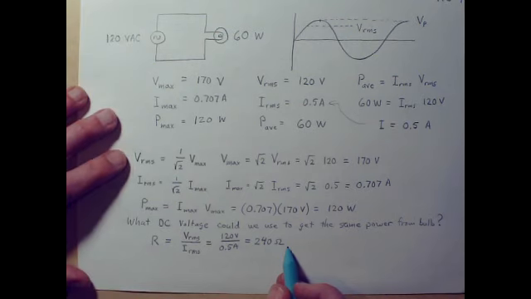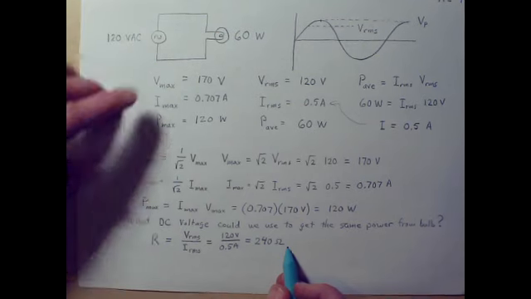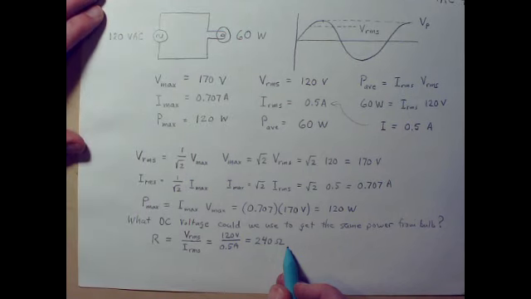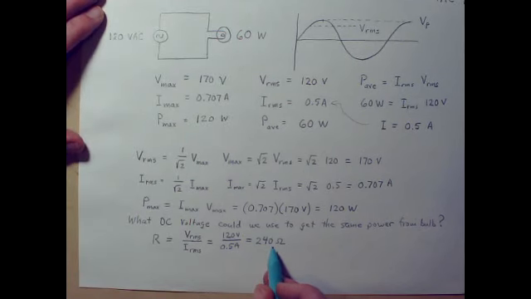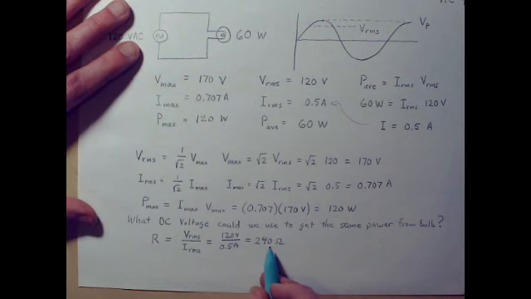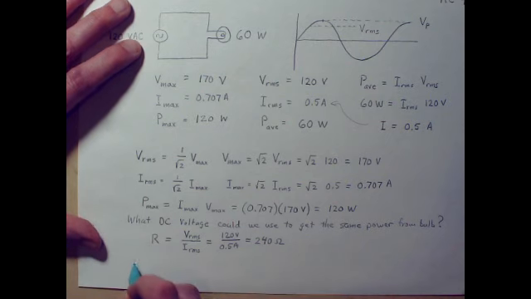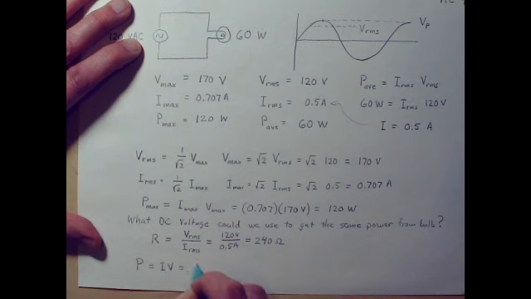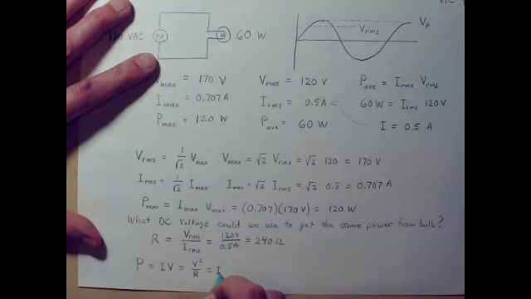So we need a relationship between power, 60 watts, and resistance, and voltage. Voltage is what we're trying to find. So remember the formulas for power. Power is current times voltage, or it can be V squared over R if there's a resistor involved, or it can be I squared times R.